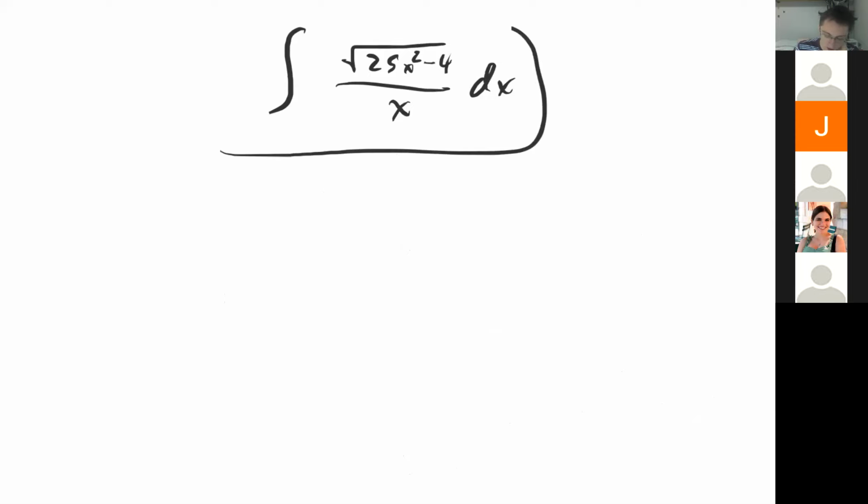I guess I'm a little bit apprehensive because I think it may be hard if you haven't seen this before. But let me give them to you anyway, and you can try struggling with them a little bit. So the integral of the square root of 25x squared minus 4, over x, dx. Yeah, just do this one for now, because the other ones are harder. So let me put you in your breakout rooms.